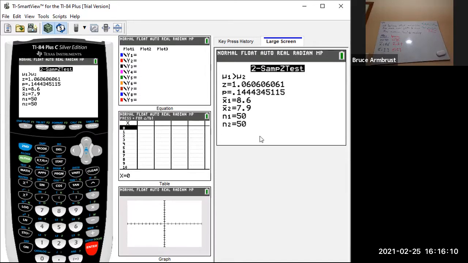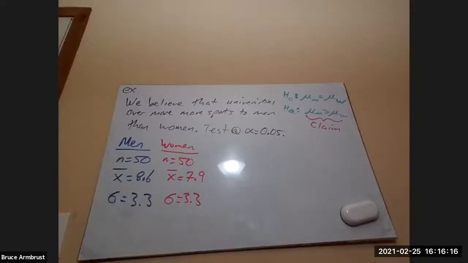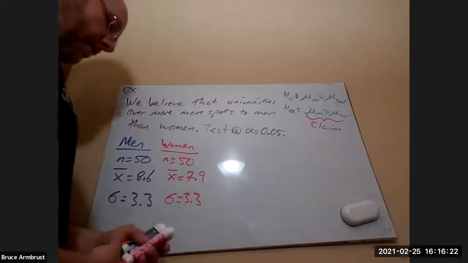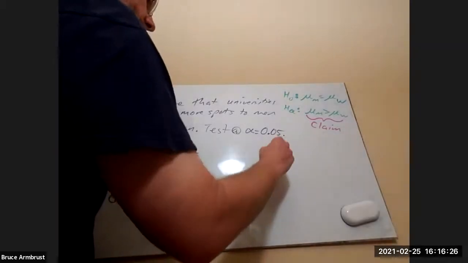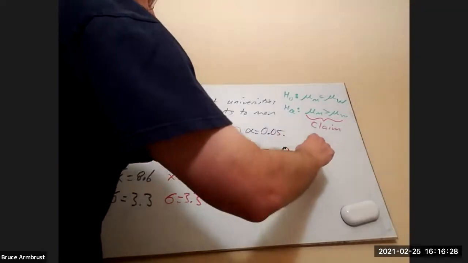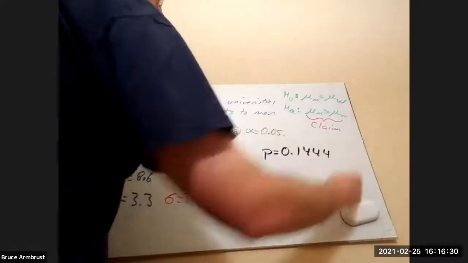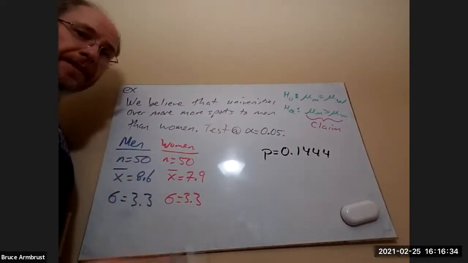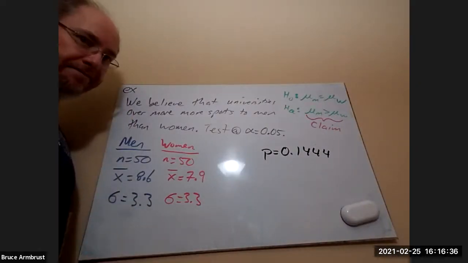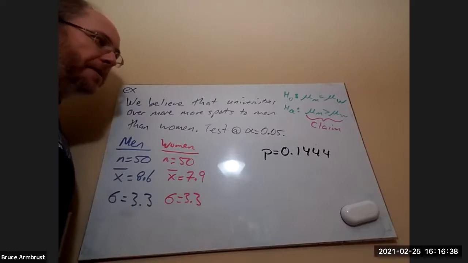So let me hop back up to the whiteboard, turn off the share, and think about what this tells us. According to this test, we got that P was 0.1444. So how do we feel about this test?